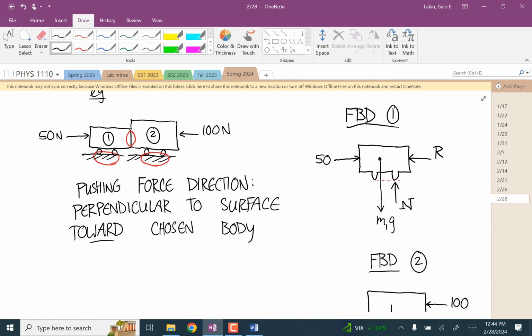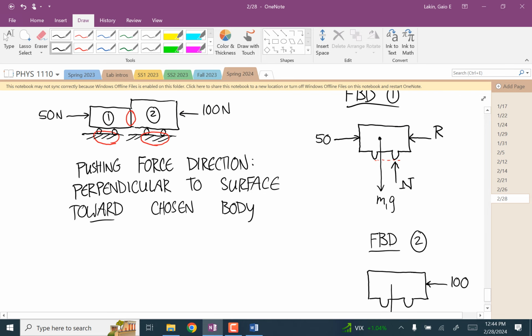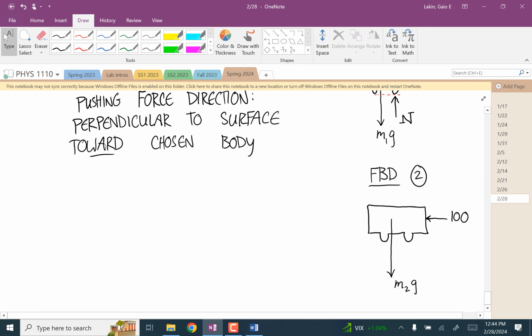And now the two pushing forces. Well, there's a pushing force to the wheels from the ground. That's perpendicular to the surface toward the chosen body. And that doesn't have the same value as the N above, so I'm going to give it its own name.